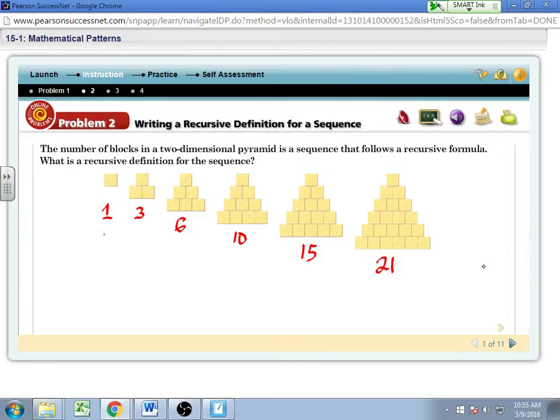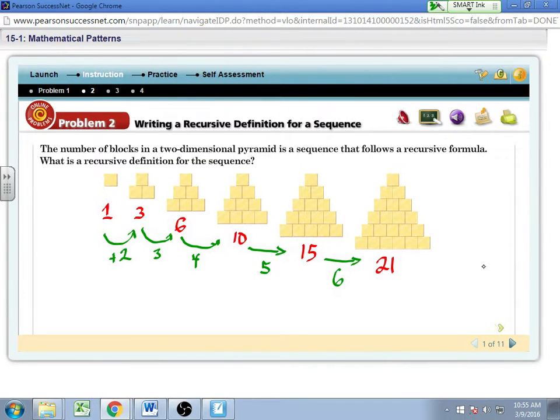So we can first analyze the change. Okay, plus 2, 3, 4, 5. Take a second and think: how is this telling me what to do?